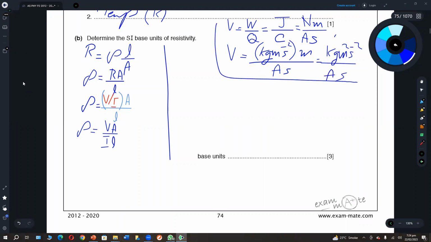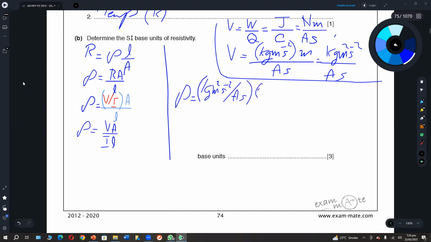I have separately solved voltage. Now, how to manage resistivity here? Voltage is kg m square s minus 2 upon ampere into second. This is for voltage.